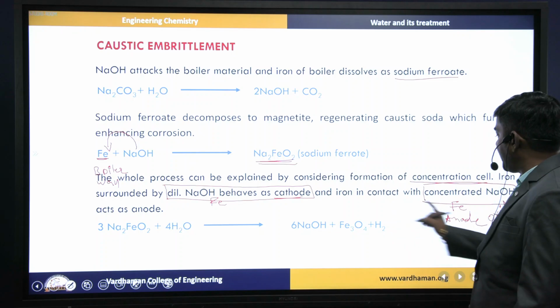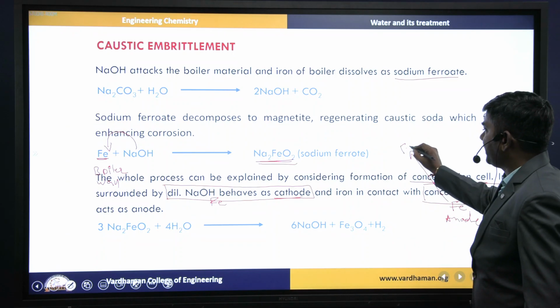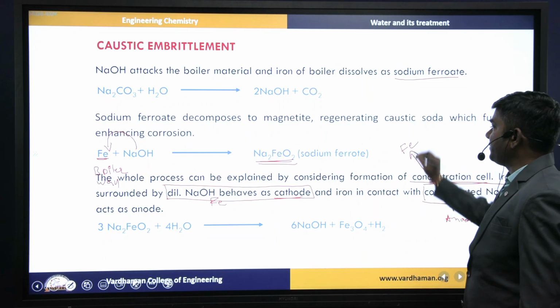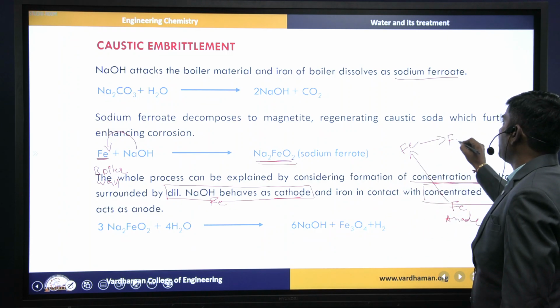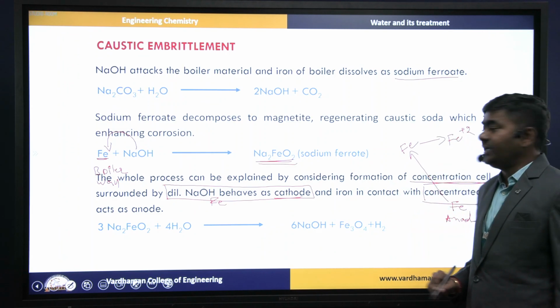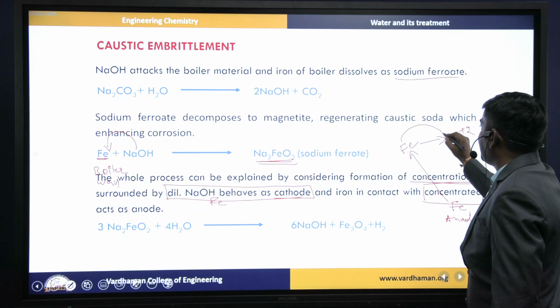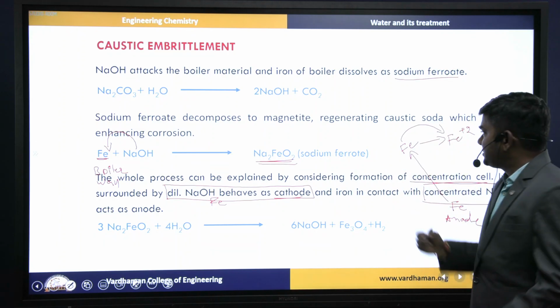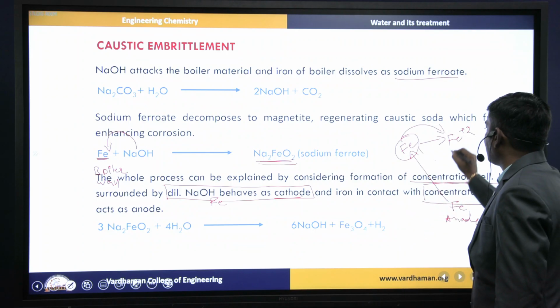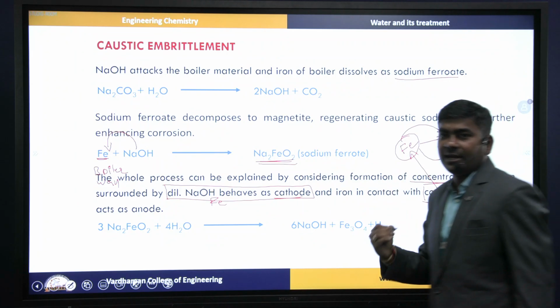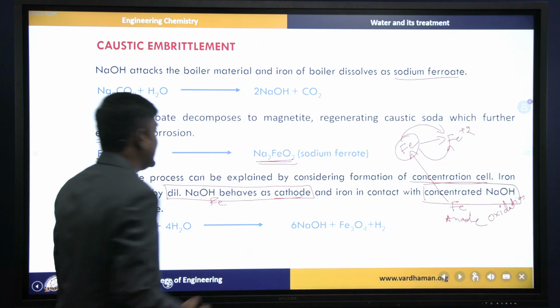So what happens in oxidation here? The boiler wall is made with iron, and that is going to lose its electrons and form an ion. That means the boiler wall, which is in metallic form, is now converted to ionic form. So the boiler wall is disintegrating.